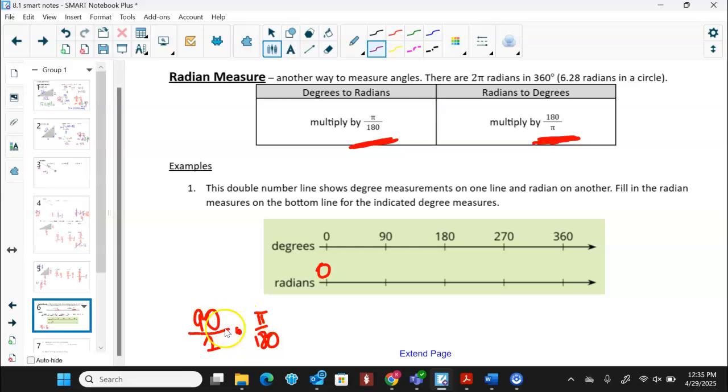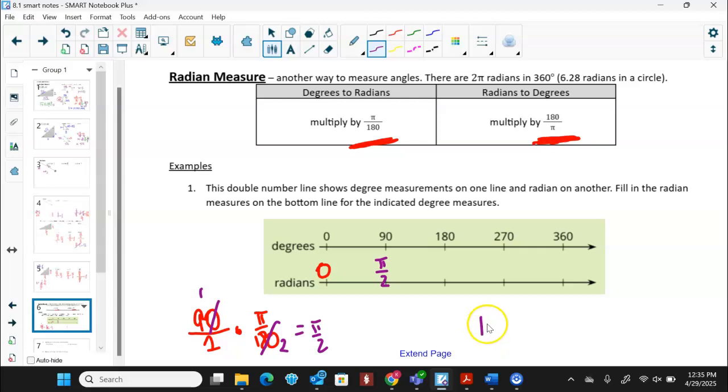So in this case, I've got numbers here, so I want to turn it into the pi. If I have a pi, I want to turn it into a number. So I'm going to multiply by pi over 180. And then, of course, 90 and 180 will cancel out. This is going to be 1 and this is going to be 2. So really, this is going to be pi over 2.